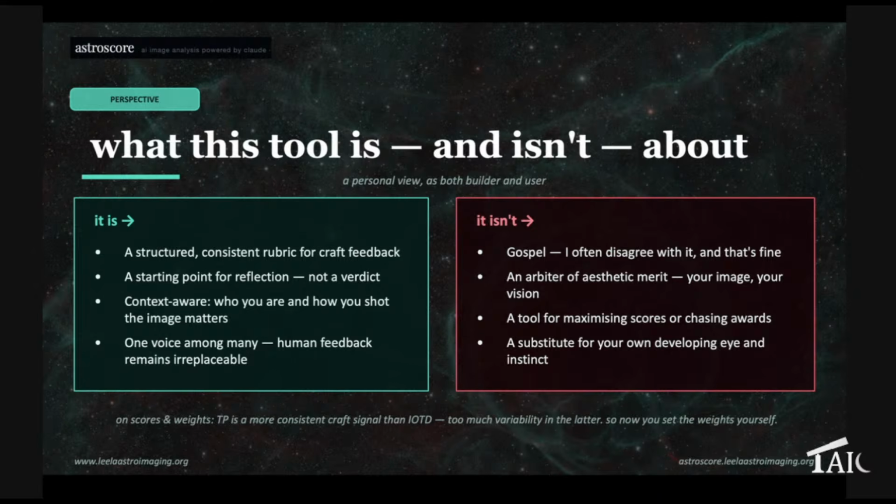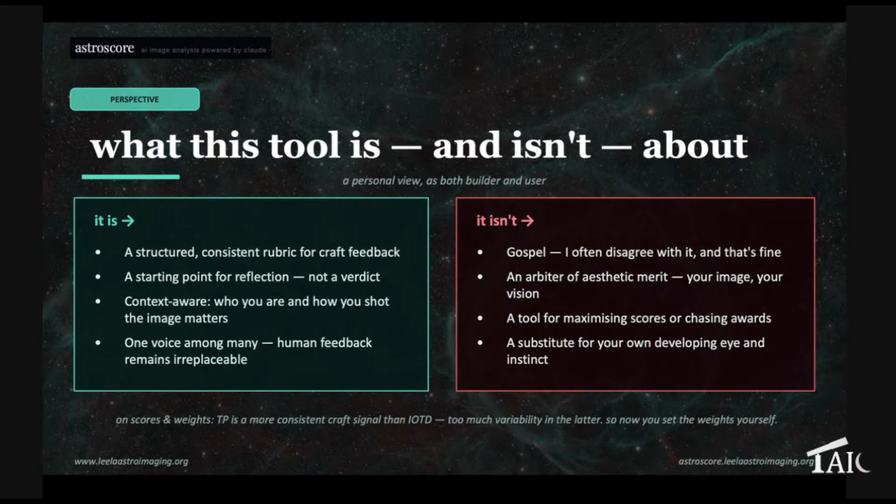And what this tool is hopefully about is, and we'll hear from other folks, and I have no idea what they're going to say, and I think what's been really interesting is seeing how different people use the tool. But for me, what the tool is about is it's a structured, consistent feedback tool.